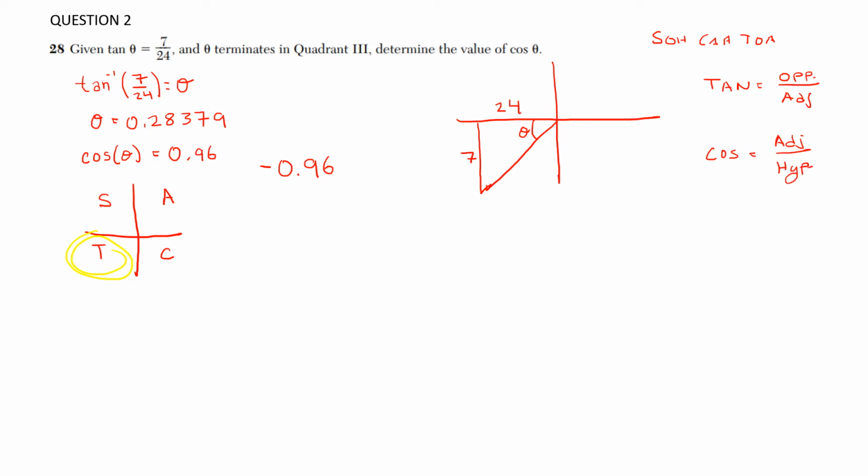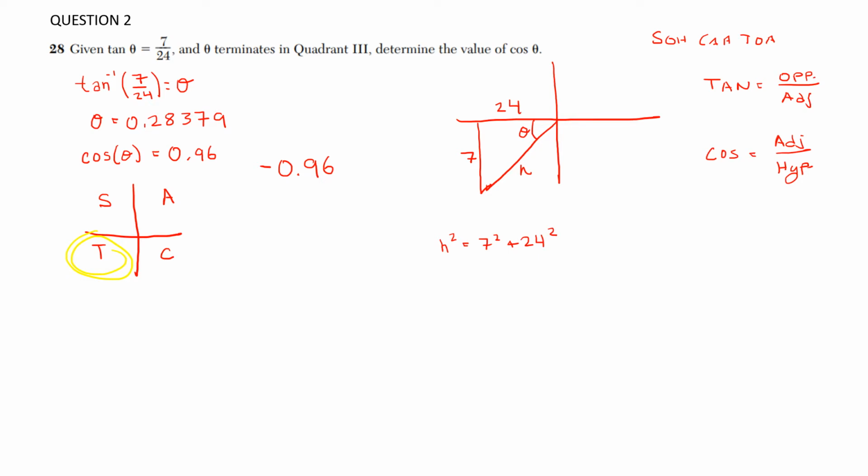So we still have to find the hypotenuse to do this. We already have adjacent, which is 24. So to do this, we can simply do the Pythagorean theorem. We know that h squared equals 7 squared plus 24 squared.